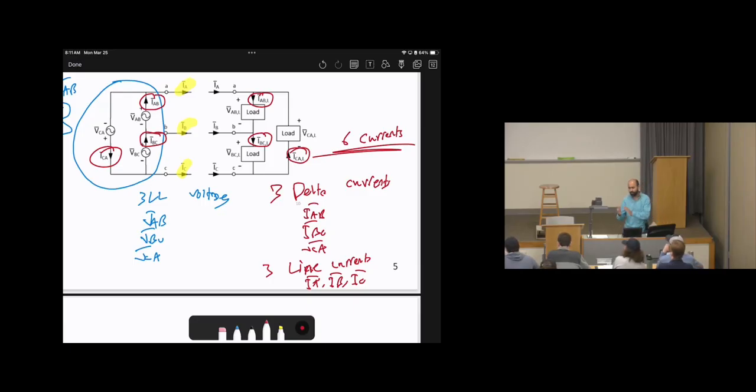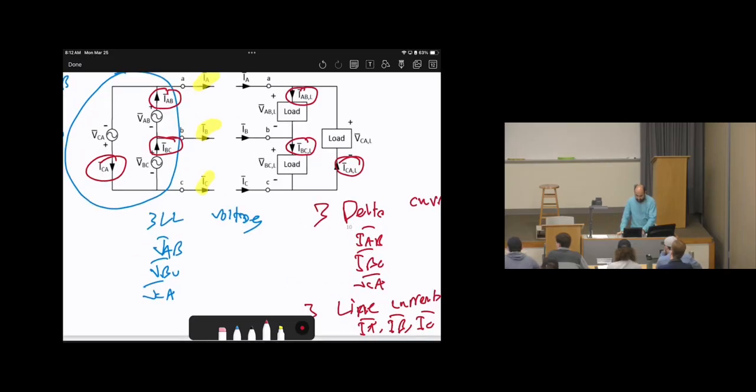In delta, 3 voltages, 6 currents. So almost like the opposite. But I would say like 3 currents in Y, if you assume the neutral is 0, while in delta you will have 6 currents. So these 6 currents are the 3 line currents that we know for the conductors, and the inner delta currents, or the delta currents. Okay? Is it clear?